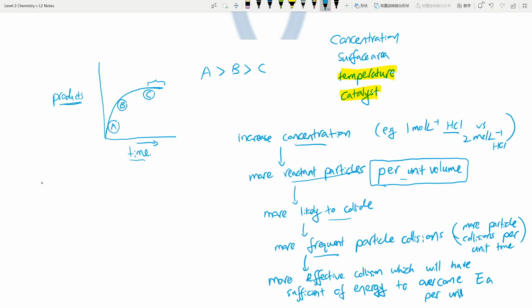Note I didn't say more frequent; I said there are more effective collisions which have sufficient energy to overcome activation energy per unit time. So what does that mean?